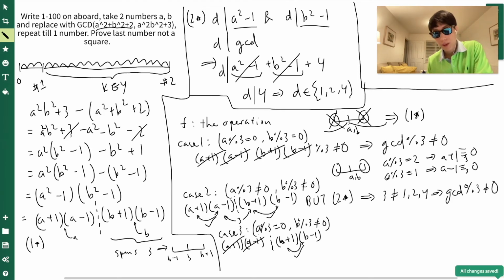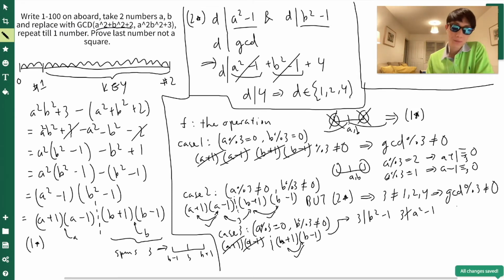So when this happens, what we know then is that 3 divides b squared minus 1, but 3 does not divide a squared minus 1.